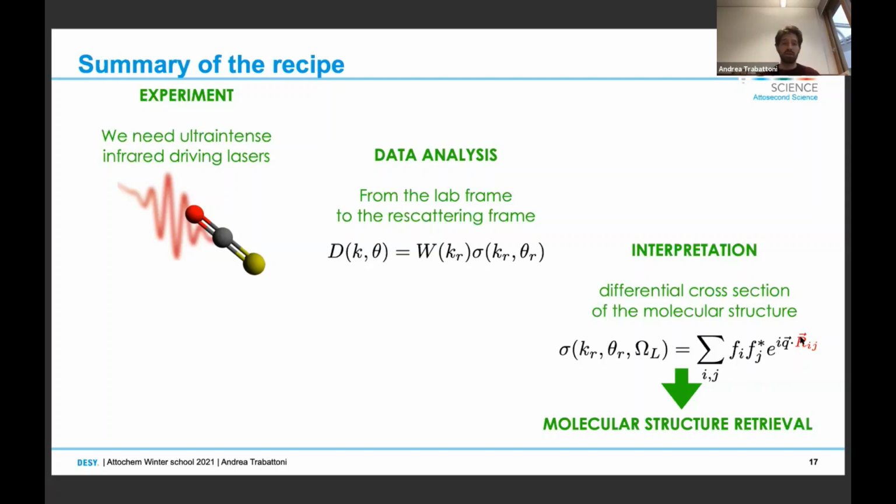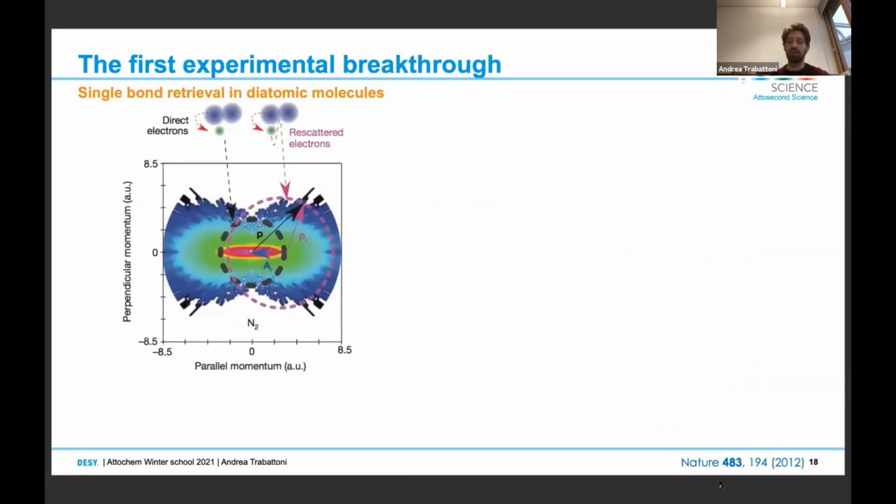So this is the recipe, and the first experimental breakthrough using this full recipe was in 2012 in this Nature paper by the group of Louis DiMauro, where they do exactly what we explained now, and they were focusing on really small molecules, N2 and O2. And here you can see exactly what we said. We have the experimental photoelectron distribution.